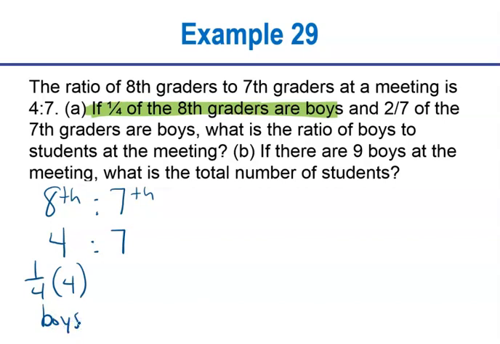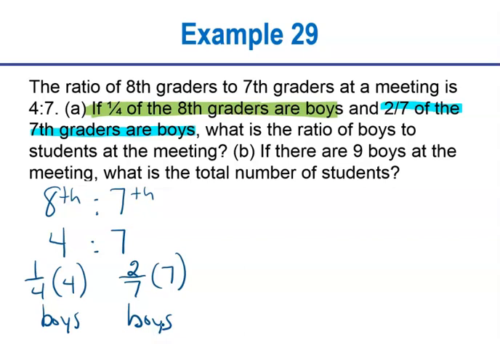Then it goes on to say, also 2/7 of the 7th graders are boys. So let's look at the 7th graders. 2/7 of the 7th graders, which happens to be 7 in our ratio, are also boys.